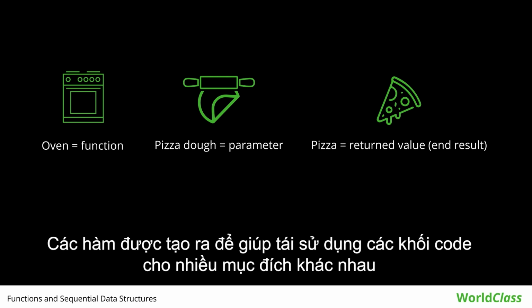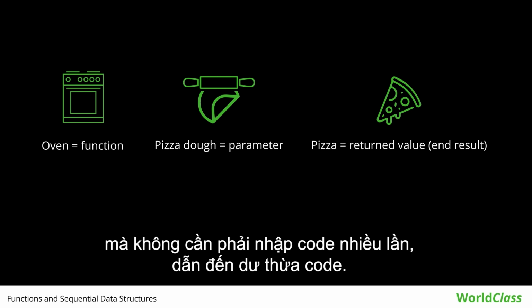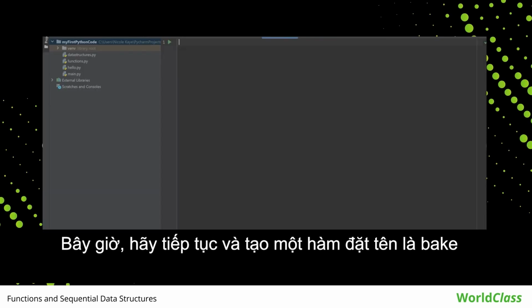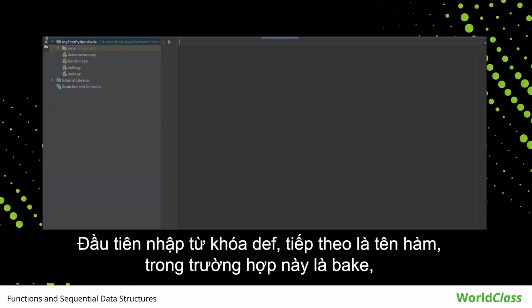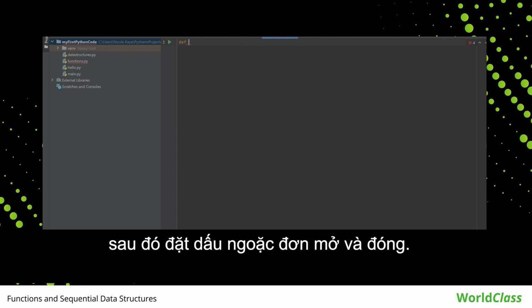The same thing applies to functions. Functions are created to help reuse blocks of code for various purposes without having to type in the code over and over again, resulting in code redundancy. Now let's go ahead and create a function called bake. First, type in the def keyword, followed by the function name, which in this case is bake. Then let's put open and close parentheses.